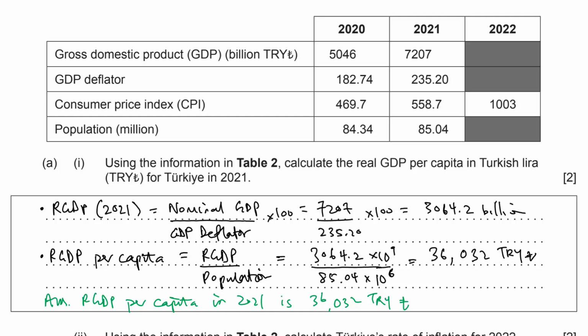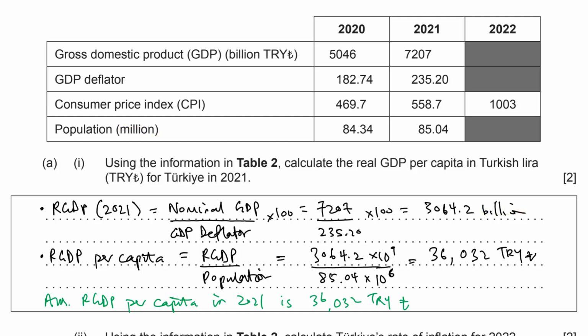The only thing you have to be a little bit careful with here is that real GDP is measured in billions, whereas population is measured in millions. A billion is 1,000 million. So if the GDP is 1 billion, that's not 1 million, it's actually 1,000 million. So you have to take that billion and multiply it by 1,000 in order to get it into the same units of measurement as population.